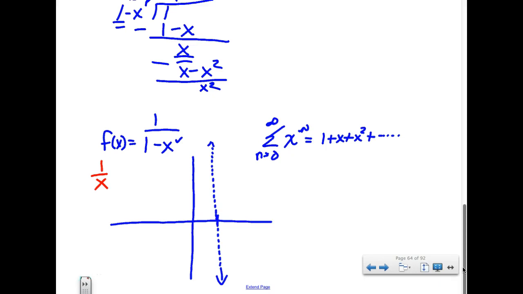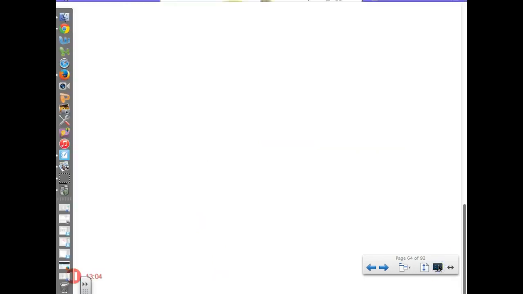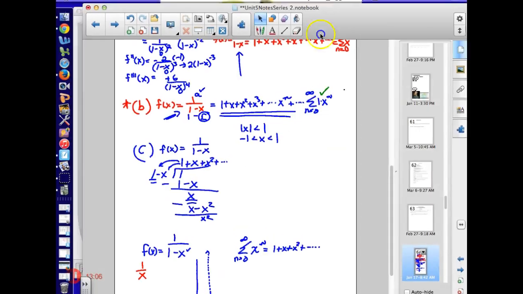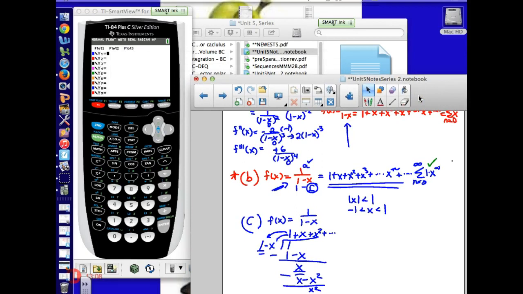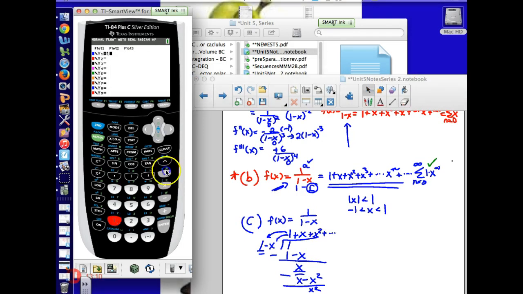Here, let's take the graphing calculator. I think I have mine up here so we can see it. I'm going to put both of those on a graphing calculator. So we have our original function, 1 over 1 minus x, and then we have our series, which was 1 plus x plus x squared plus x cubed.